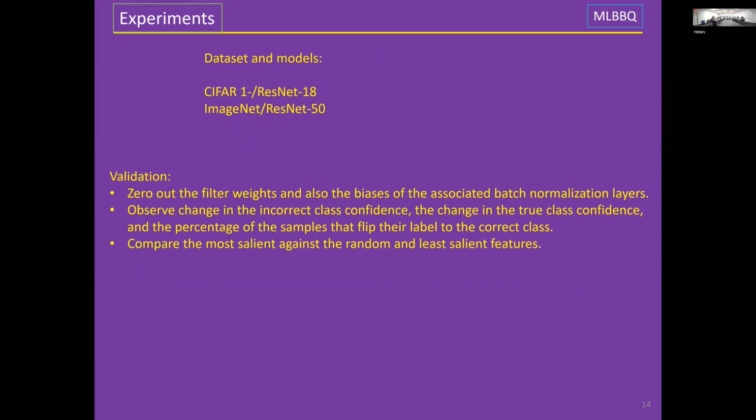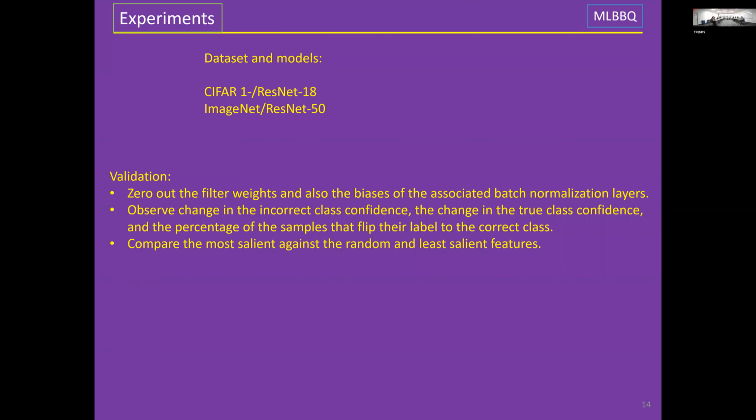And for the validation of these malfunctioning parameters, what they are trying to do is zero out the malfunctioning filter weights, the corresponding bias values, and the associated batch normalization layers, so that they ensure the corresponding feature map for the next layer will be 0.